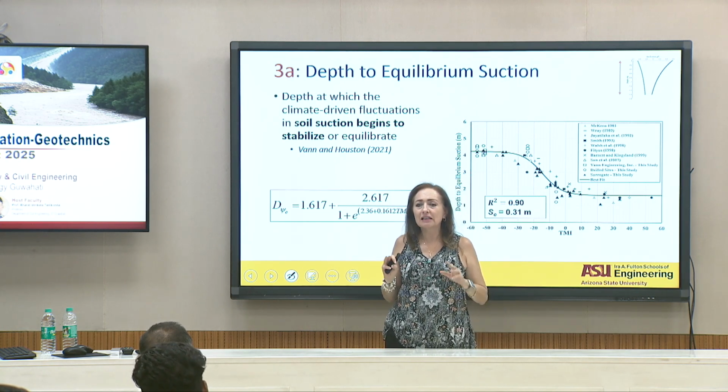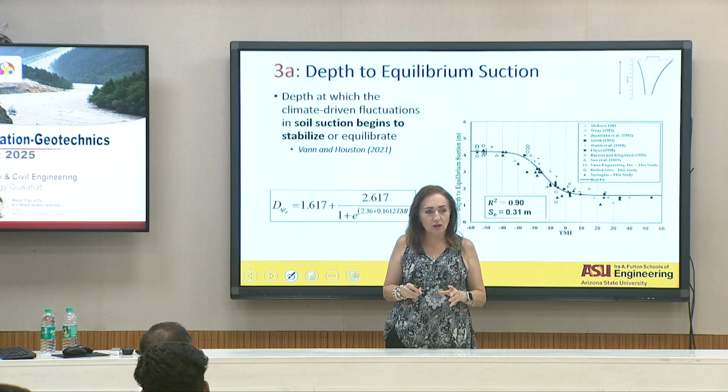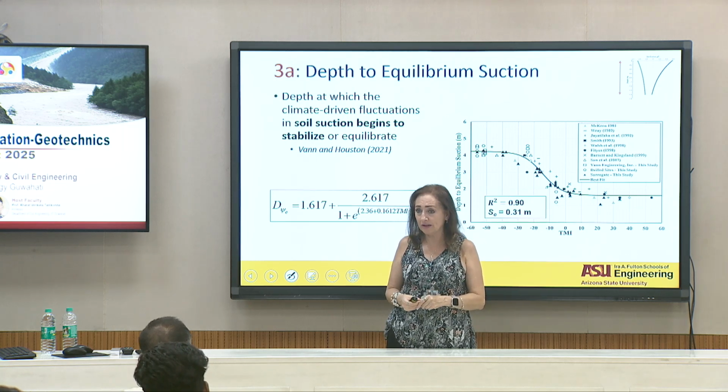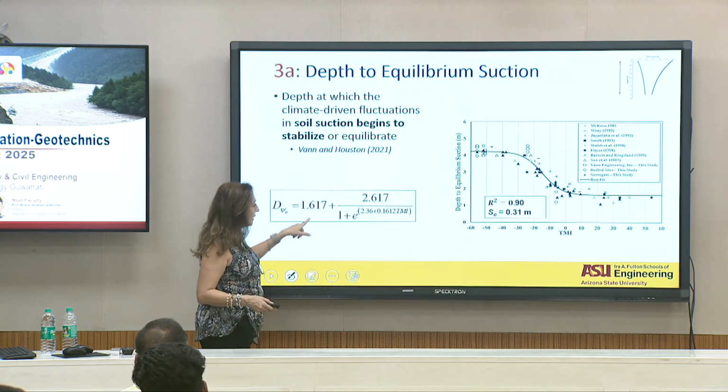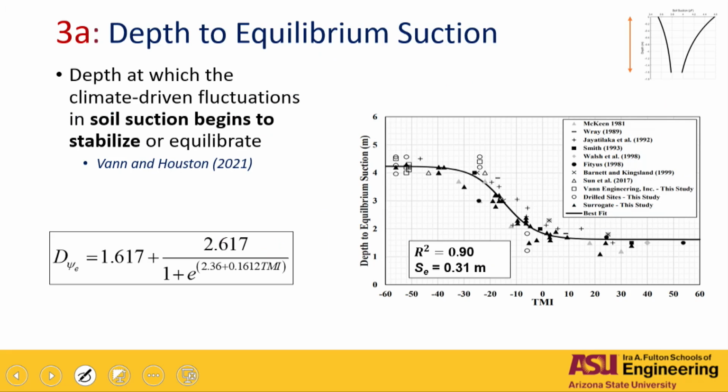They found out that the TMI was sufficient to represent the depth of wave, okay? This is, again, when you see all these numbers, empirical correlation, but the correlation was actually very good with the data they found. The data from their study is called the surrogate study. So they have a lot of data in there, but also data from the literature, okay?